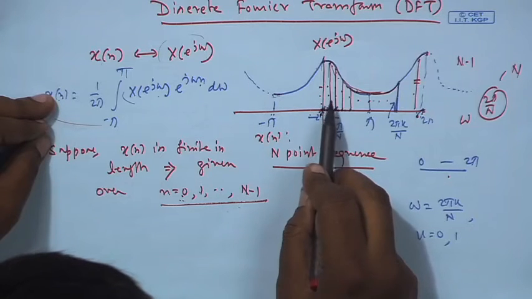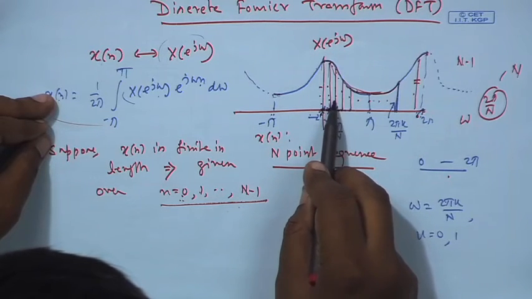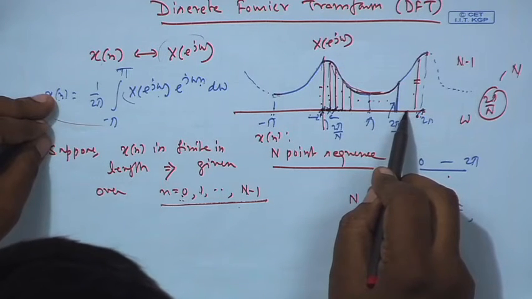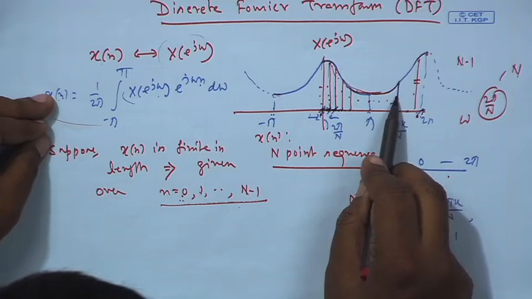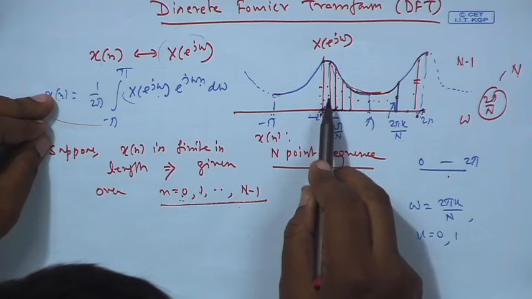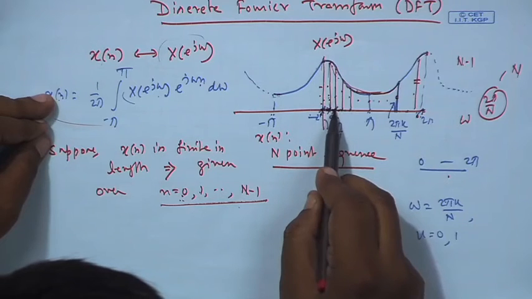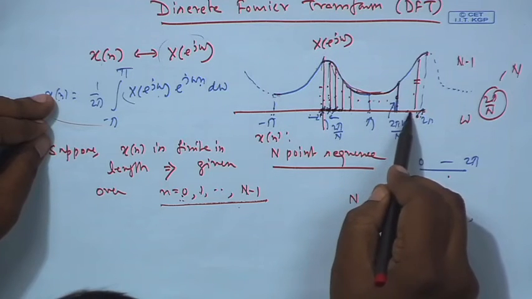Next 2 pi by N, first sample. Next 2 pi by N, second sample. Then the capital Nth 2 pi by N period, before that will be the N minus 1th sample: 0th sample, 1 times 2 pi by N; first sample, another 2 pi by N; second sample, 3 times 2 pi by N; so N minus 1th sample, N times 2 pi by N.